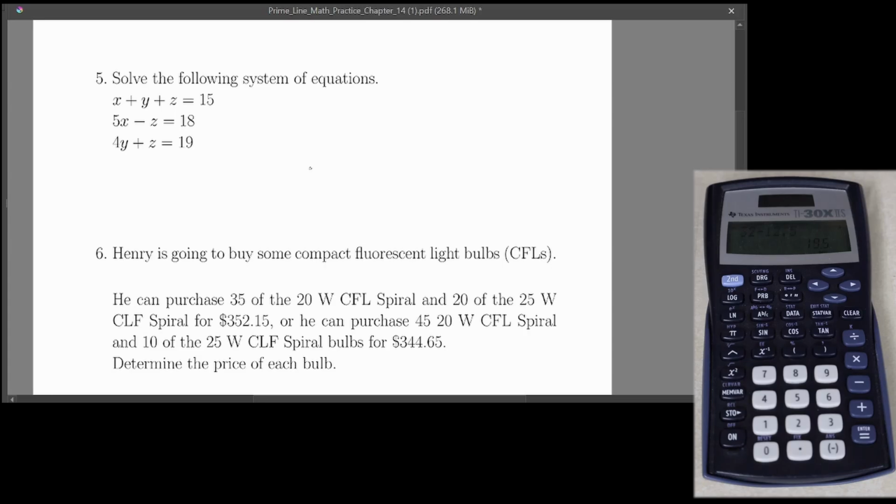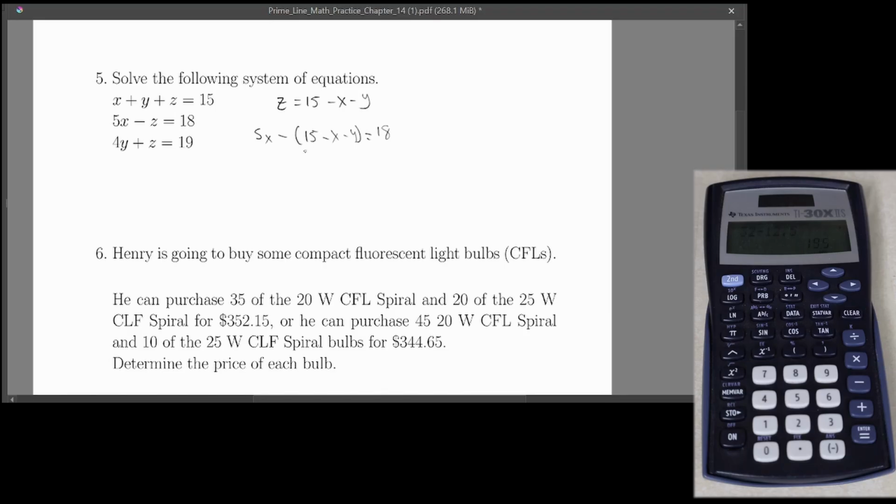I'm going to rearrange the first equation so that it is z equals 15 minus x minus y. And then I'm going to use the substitution method and plug it into our other 2 equations. So we'll have 5x minus z, which is 15 minus x minus y, equals 18.